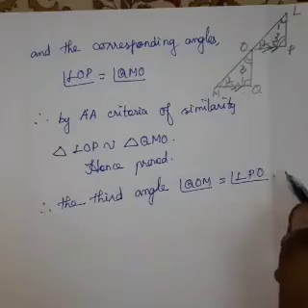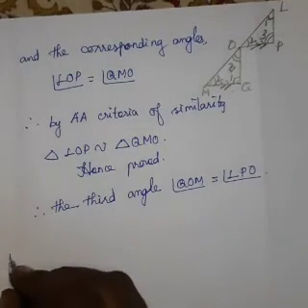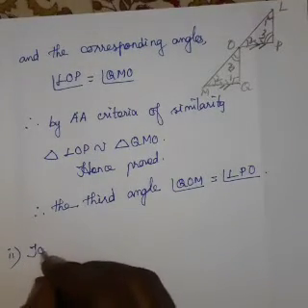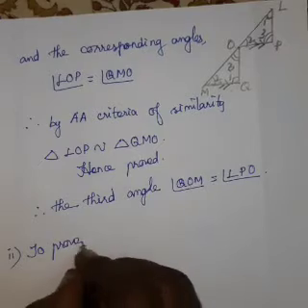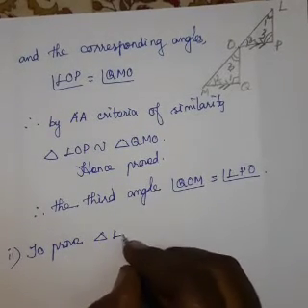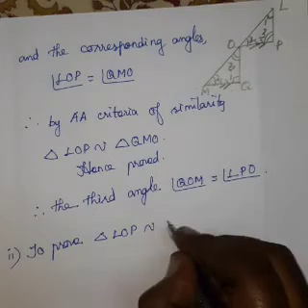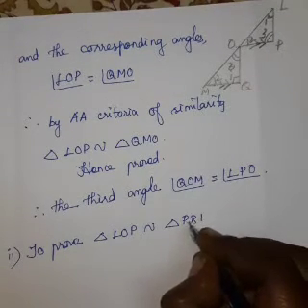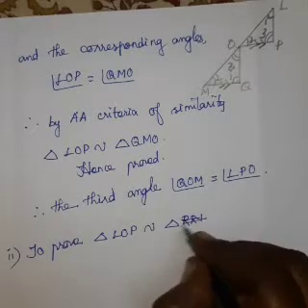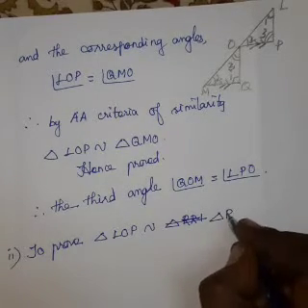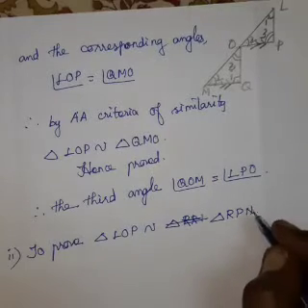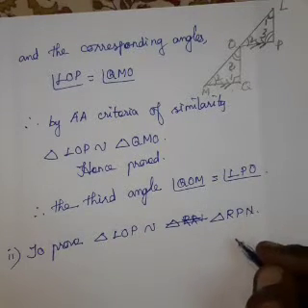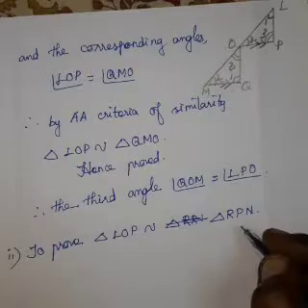So the first condition we proved. Now we can prove the second condition: to prove triangle LOP is similar to triangle RPN. That triangle LOP I will also draw separately.